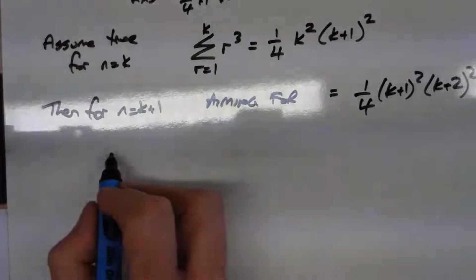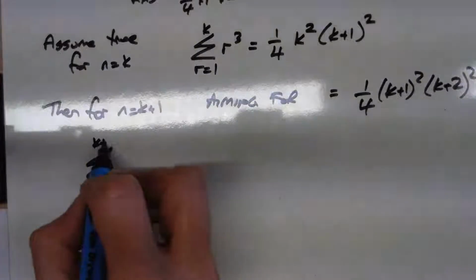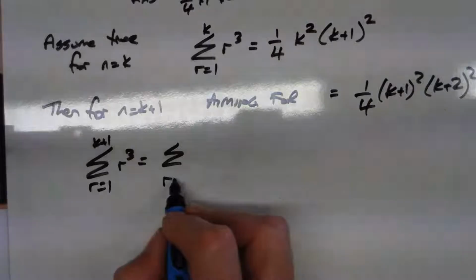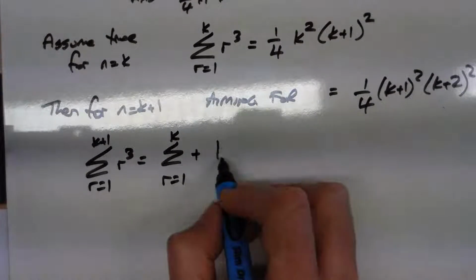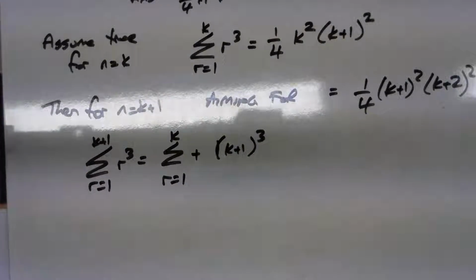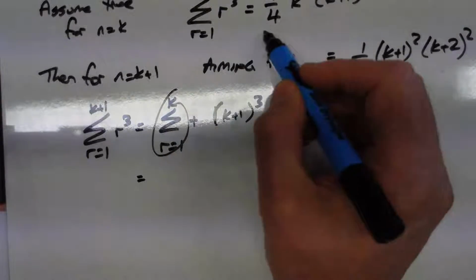But for the sum from r equals 1 to k plus 1 of r cubed is equal to the sum from r equals 1 to k, plus the extra 1, which is k plus 1 all cubed. Right, this bit here is what we assumed was true up there.